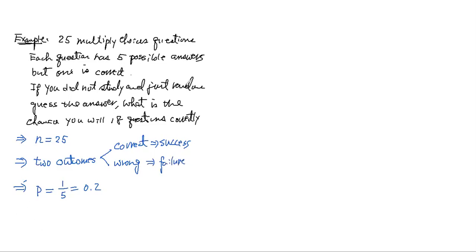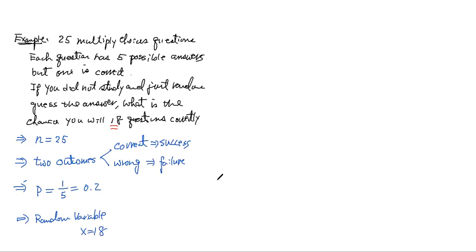And now you say, hey, what is the chance that I'm going to get 18 questions correct? What does that mean? That means your random variable x is equal to what? x equals 18.